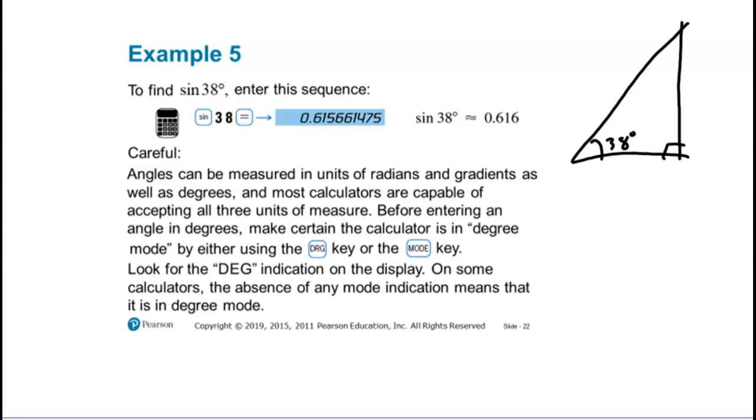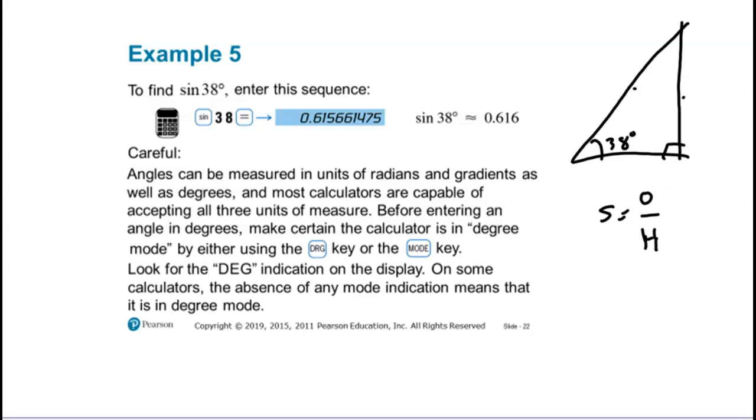From SOHCAHTOA, to find this we could just find the side opposite over hypotenuse to get the sine of 38 degrees, except they don't give us the opposite or the hypotenuse, and it's not a special triangle, so we don't know what those sides are.